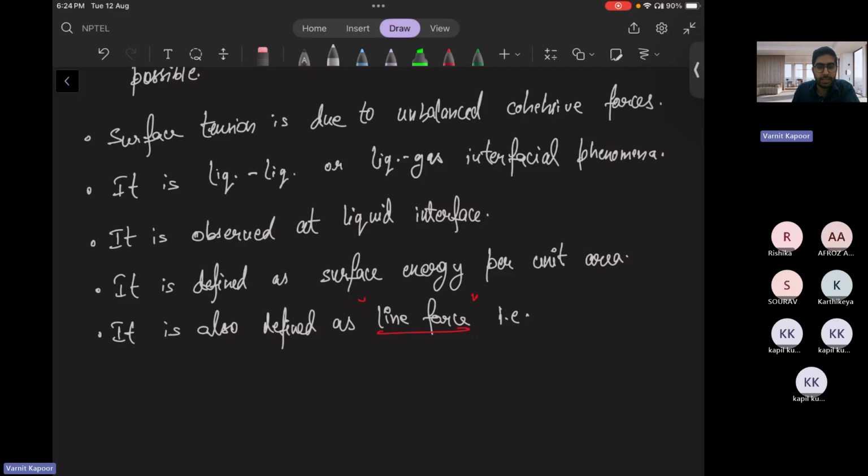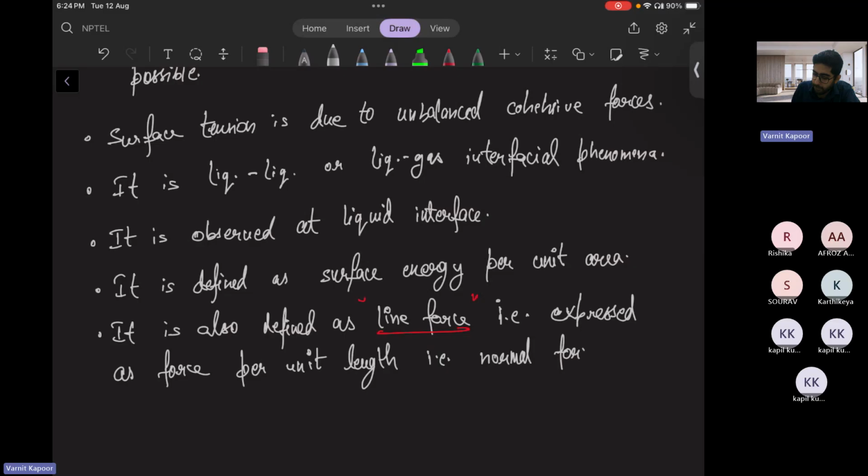That is expressed as force per unit length that is normal to the line drawn at the liquid interface. What do I mean by this?